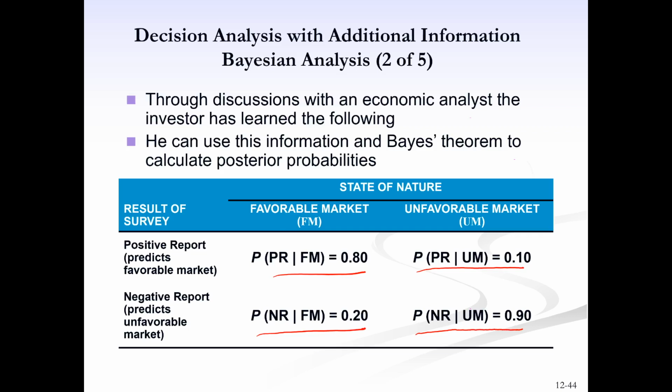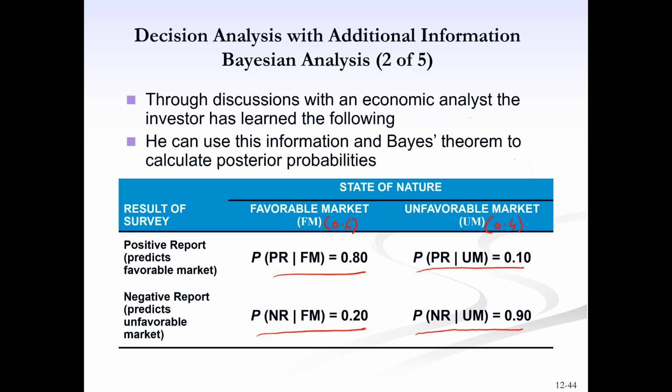We have done that. We assumed actually that they have some studies of 250 cases, and in these 250 cases, 150 times the favorable market occurred, and about 100 times unfavorable market occurred, and from there the statistics show that 0.6 is the probability of favorable market and 0.4 of unfavorable market.